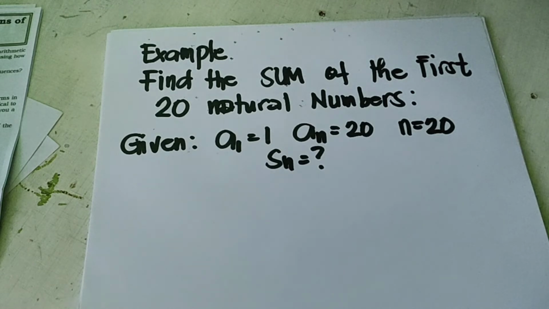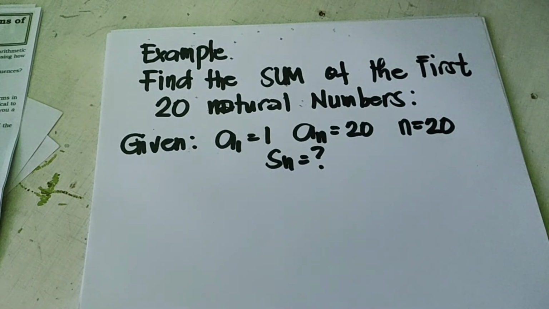So the given a sub 1 is equal to 1, then a_n is equal to 20, because what we will add is 20 numbers. Then n is equal to 20. What we will find is the total when we add the 20 numbers, from the first number to the 20th number.